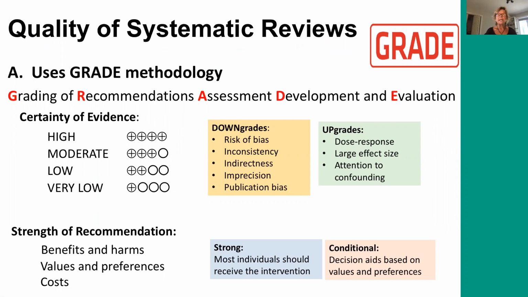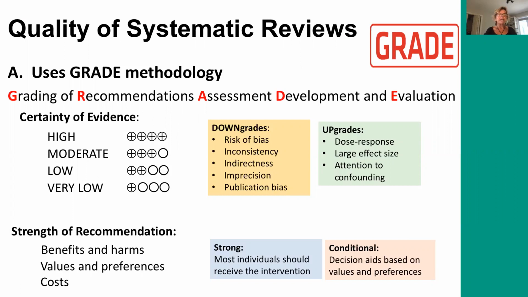GRADE is a specific methodology which stands for Grading of Recommendations, Assessment, Development, and Evaluation. This methodology was developed by a working group to really have a transparent approach to grading the quality or the certainty of evidence. If it uses this GRADE methodology, it will describe it as such, GRADE, and it rates the certainty of evidence from high to very low.